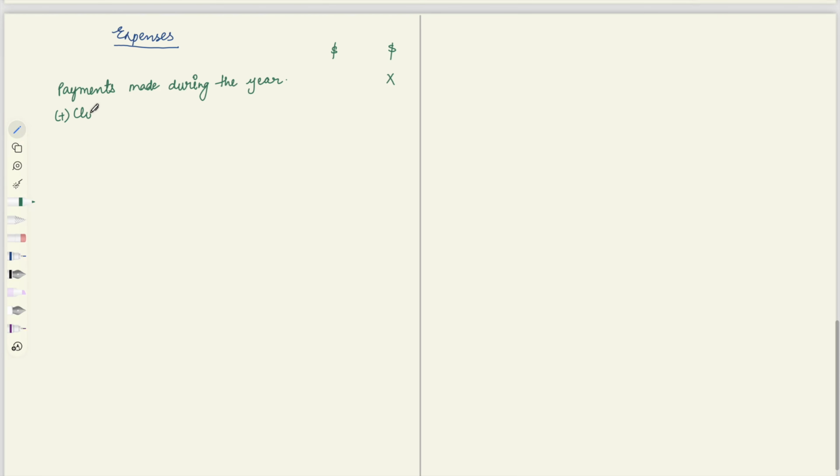We will add closing accruals and opening prepayments.